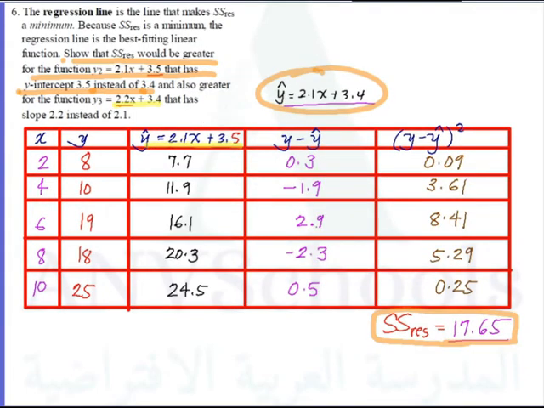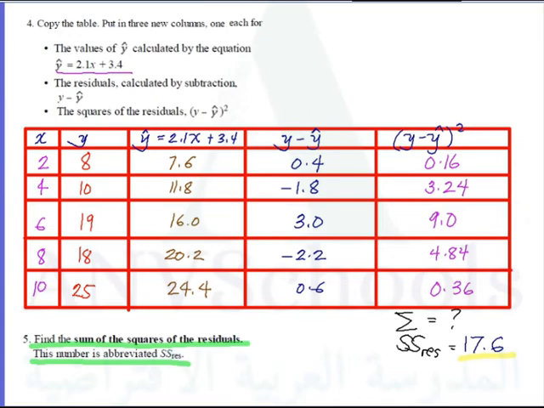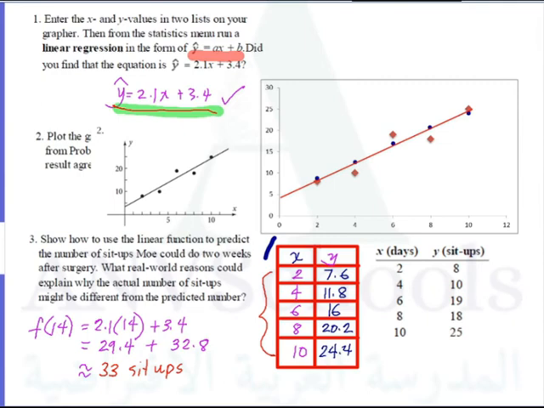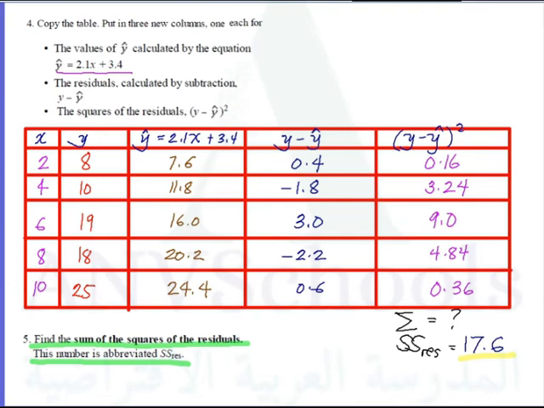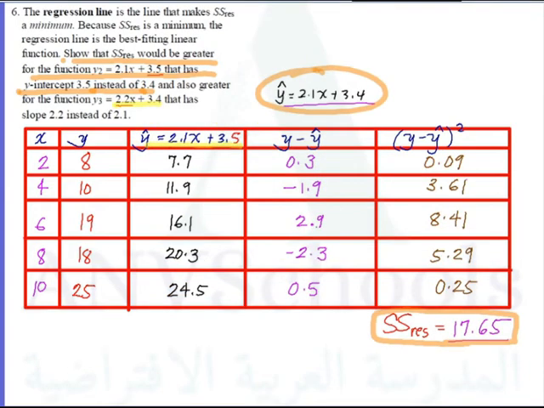Here, you have 17.65. And here, you have 17.6 for the same scattered data. Because the one that yielded the least SS res is this function expression, this is the best fit linear function, and this is our regression line.